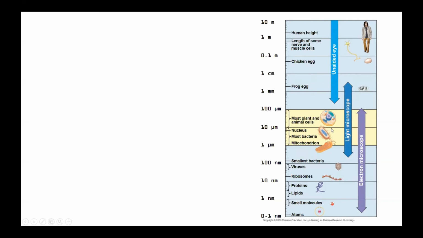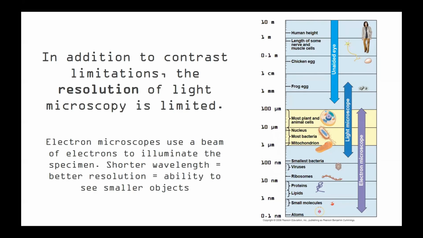We just saw them on the previous slide. Okay, we might be able to see some organelles, some intracellular structures. Okay, so we know that a light microscope can help us see those. When we get smaller than what a light microscope can help us see, we need to employ the help of an electron microscope.